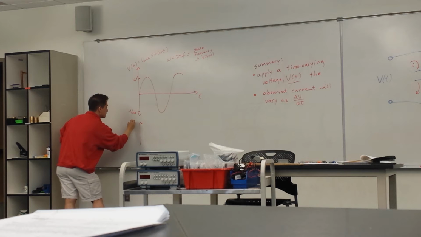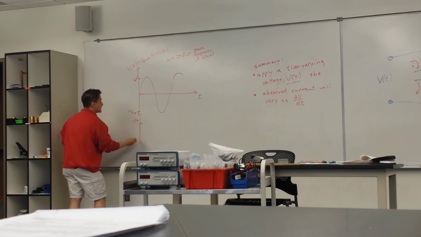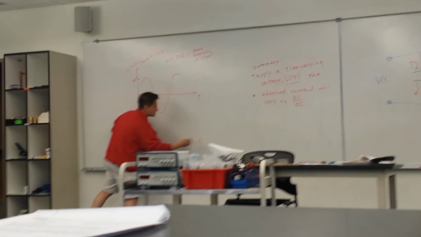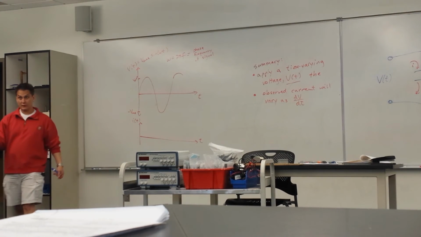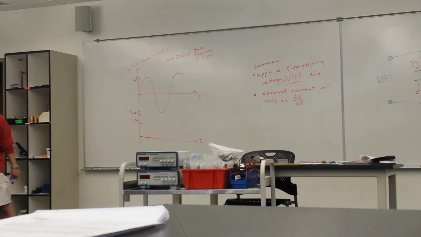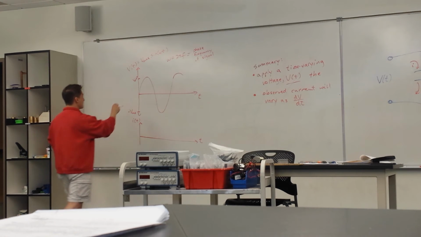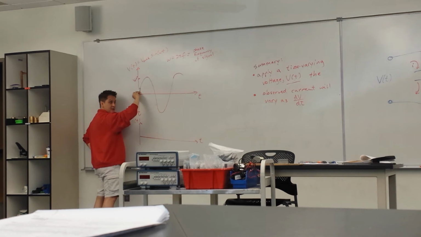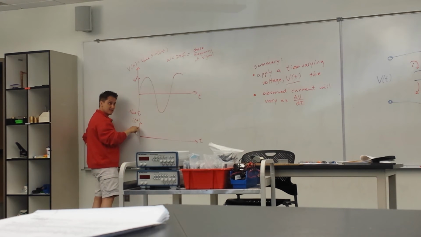If we were to observe the current as a function of time, we would expect the current to look like the derivative of this. So where this is steepest, we would expect the current to be a maximum.